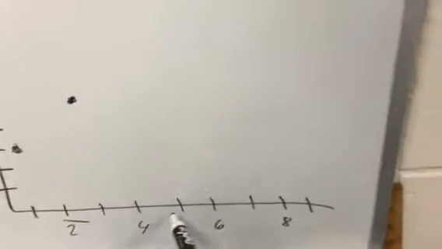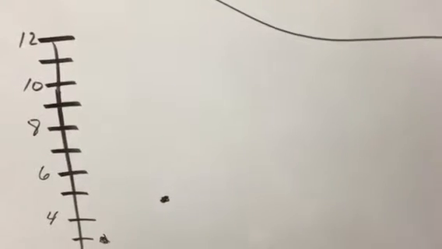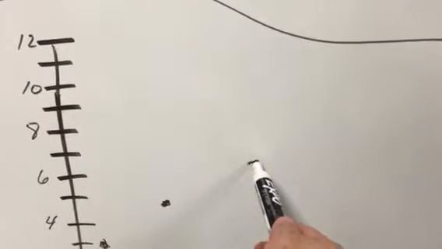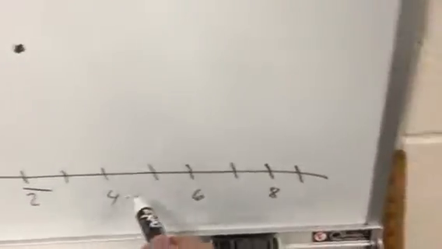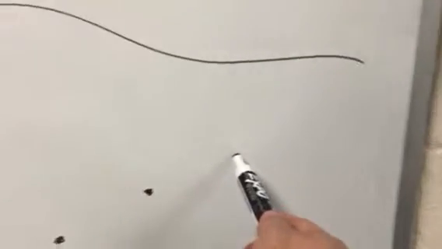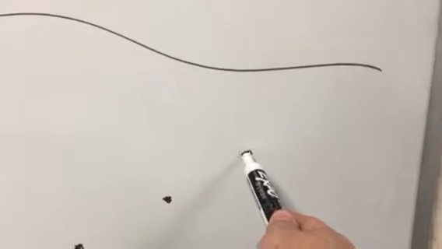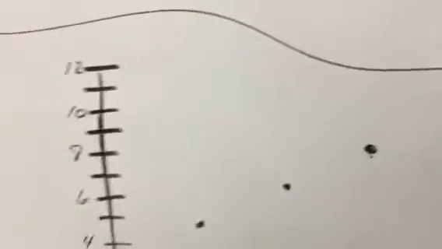So we go over to 5 and then up to 7. All right, the next is going to be 7 and 9. So we go x-axis over to 7 and then up all the way to 9. And we're done. That's how you do it.